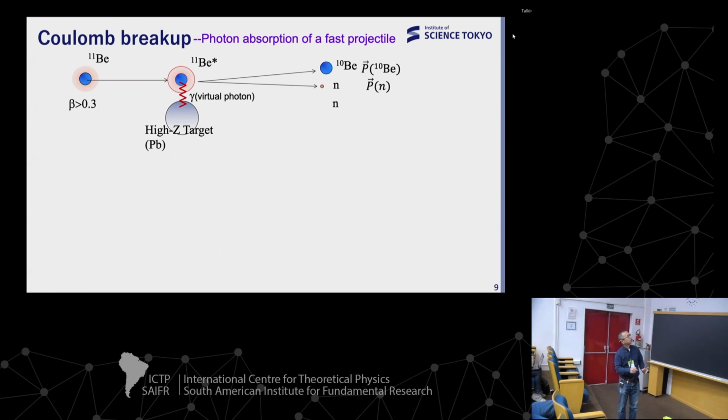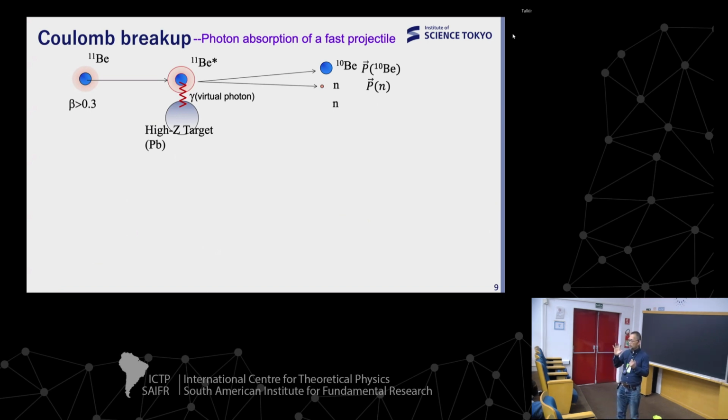The Coulomb breakup process is nothing but a photon absorption process. Now we'd like to get the photon absorbed into this nucleus, but for a radioactive, unstable nucleus, we cannot use a real photon, right? So instead of using a real photon, we use a virtual photon.